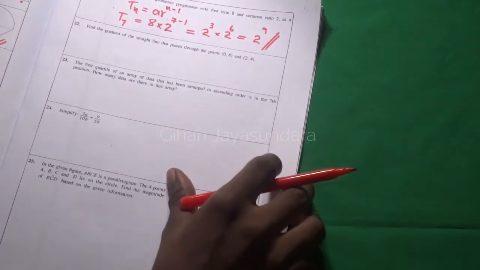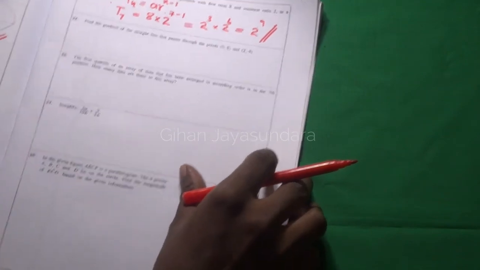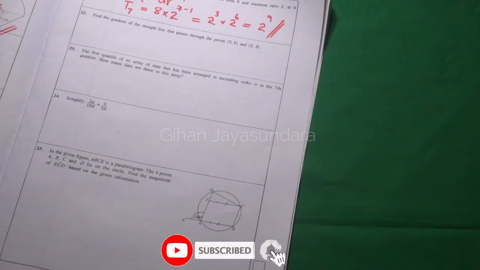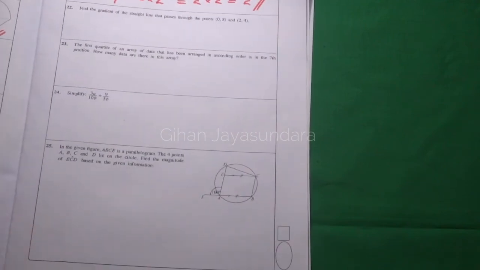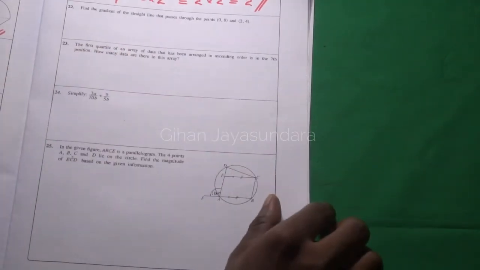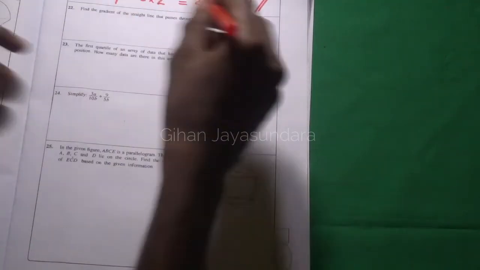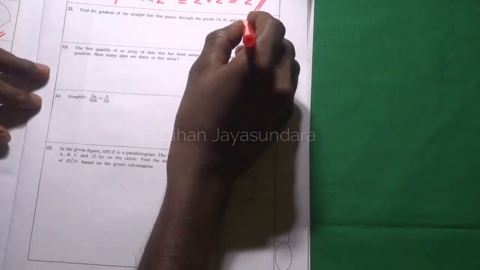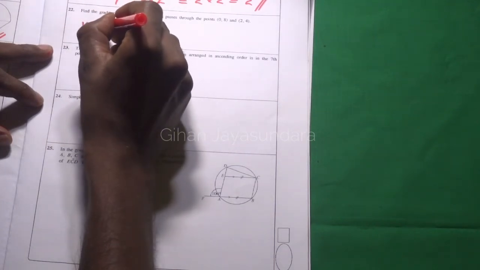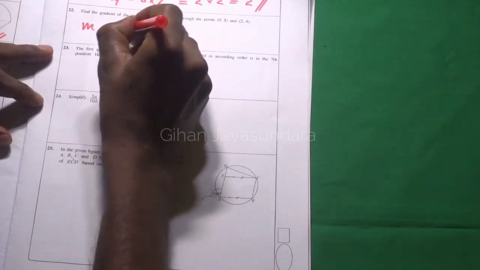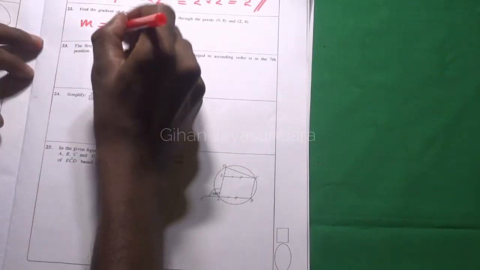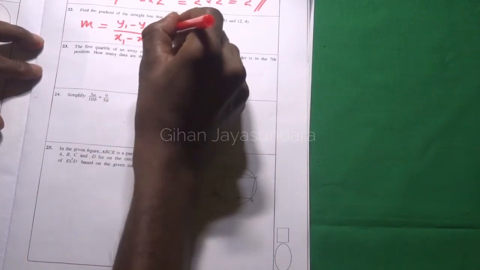Second one, find the gradient of a straight line that passes through the points 0, 8 and 2, 4. So you are going to find out the slope of this straight line. Let the gradient be m. m equals y1 minus y2, the subtraction of the y coordinates, over x1 minus x2.